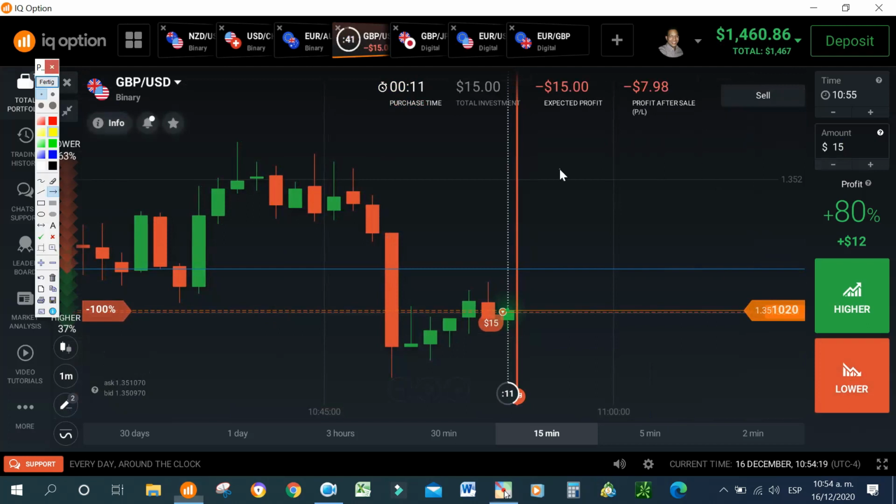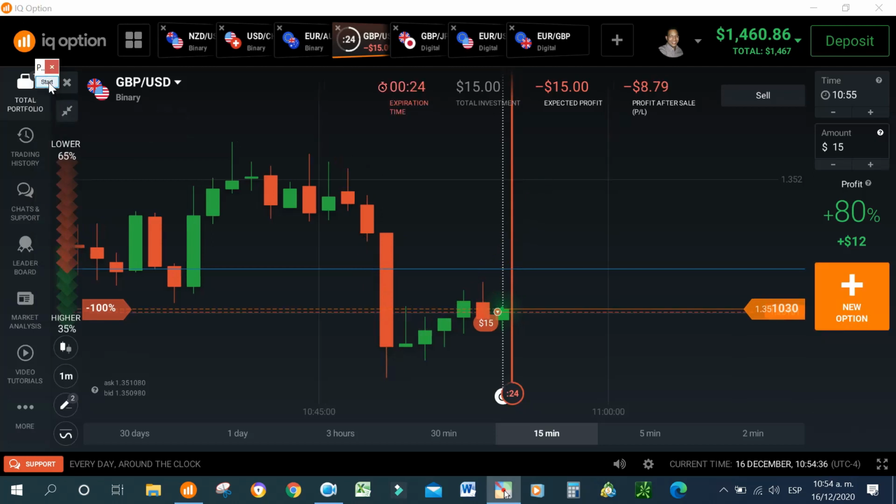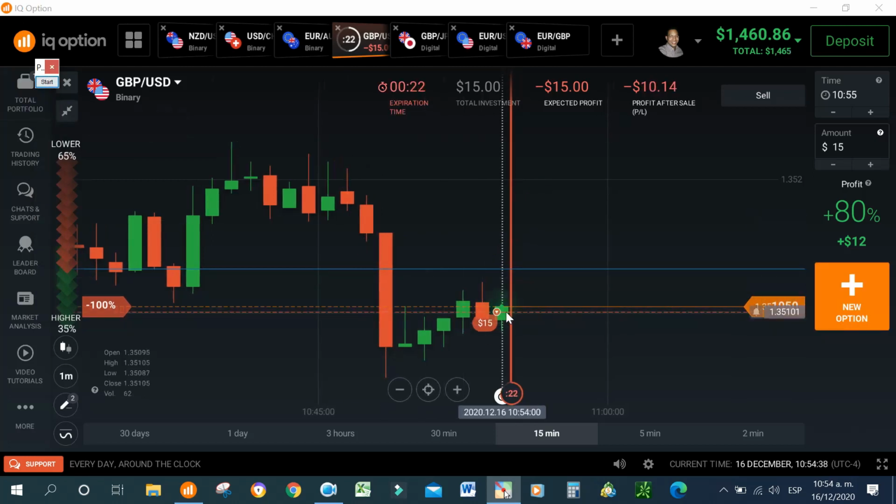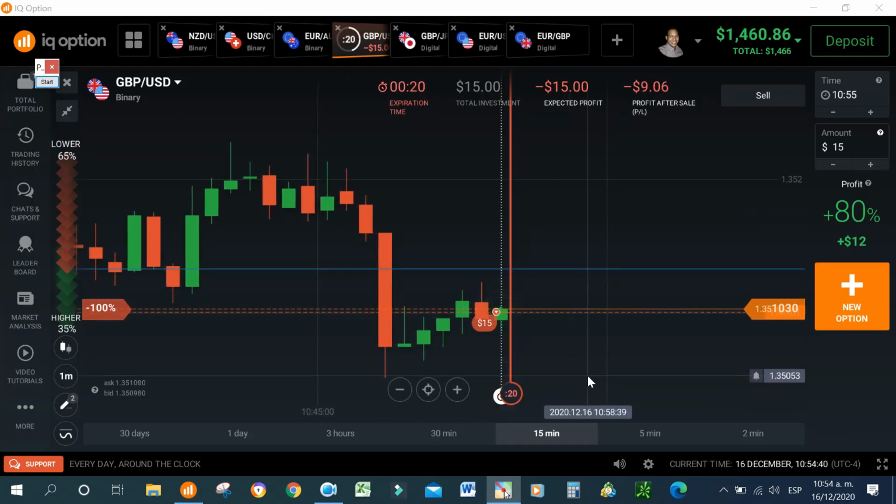And I'm doing this first because this is a pullback due to this breakdown, and second, this candlestick is very bearish, so I think the price is going down.